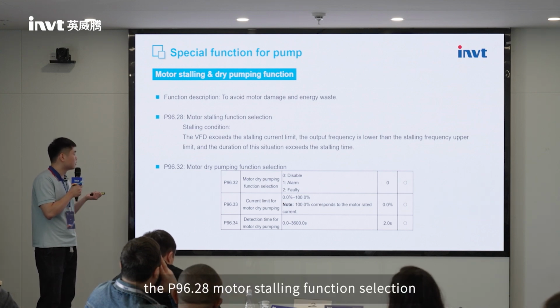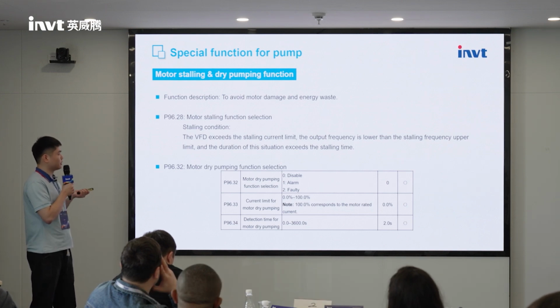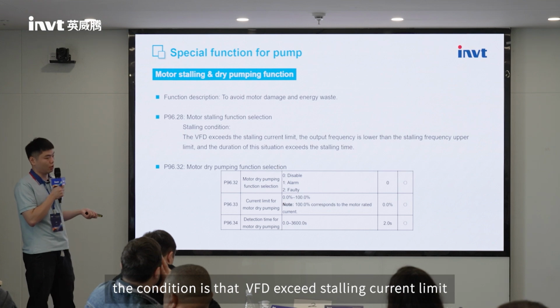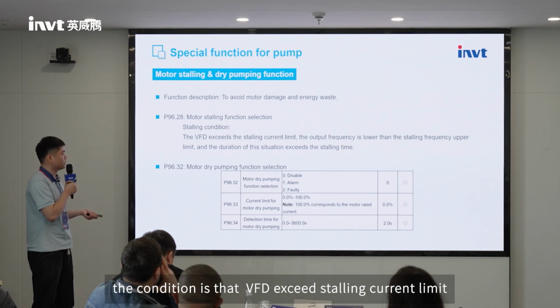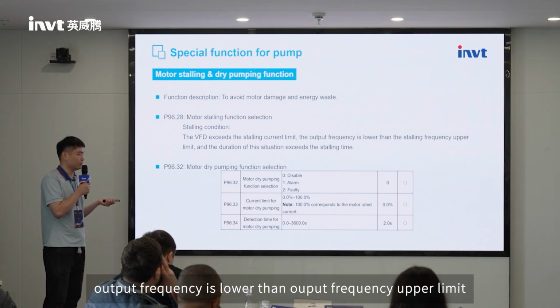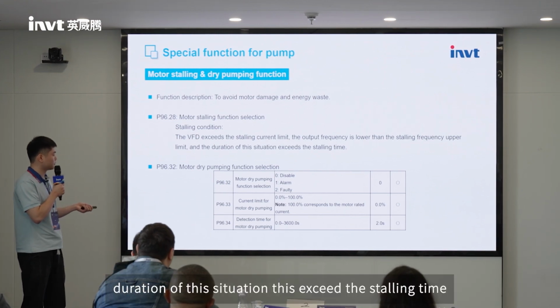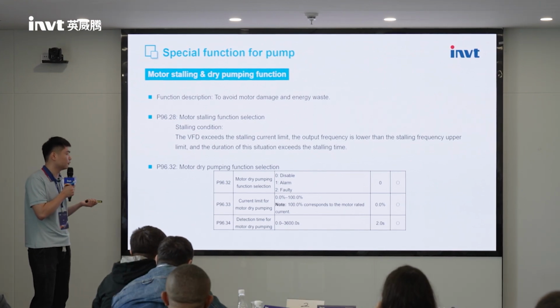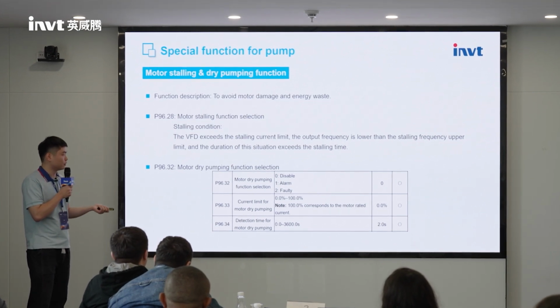The stall condition: the VFD exceeds the stall current limit, the output frequency is lower than the stall frequency upper limit, and the duration of this situation exceeds the stall time. And motor drain pump function selection: you can choose alarm, fault, or disable.